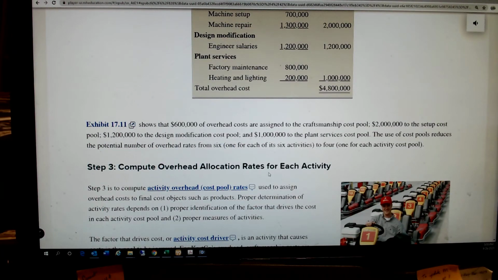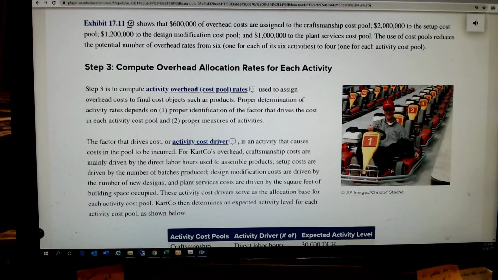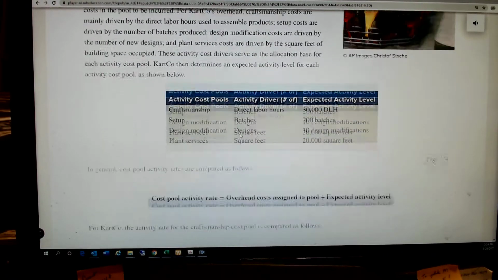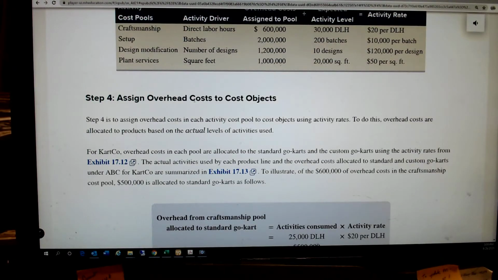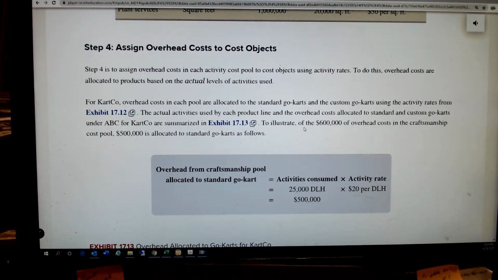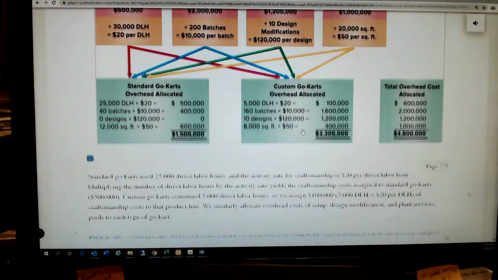Compute the overhead rates by dividing each department's overhead by some amount, per purchase order or per labor hour or per employee or per something. And then we assign those costs to a cost object, which is a product, based on how much they utilize that.